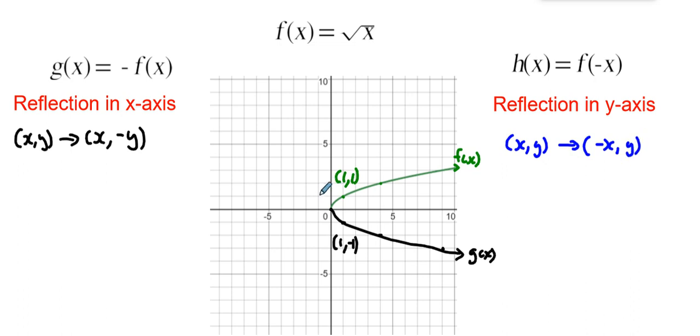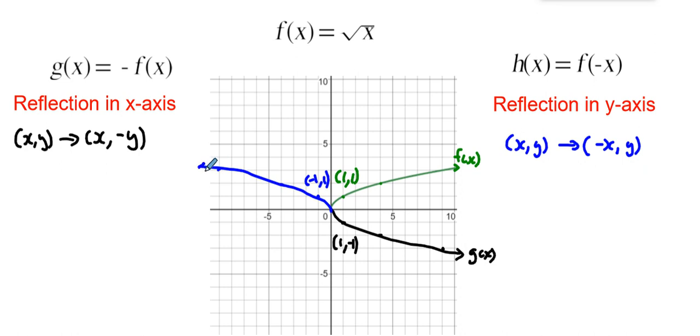And so we can now say that this point will actually be (negative 1, 1). And instead of it being (4, 2), it'll be (negative 4, 2). And then it will be (negative 9, 3). And we'll have this new function that will look like this here, as best as I can lay it out.